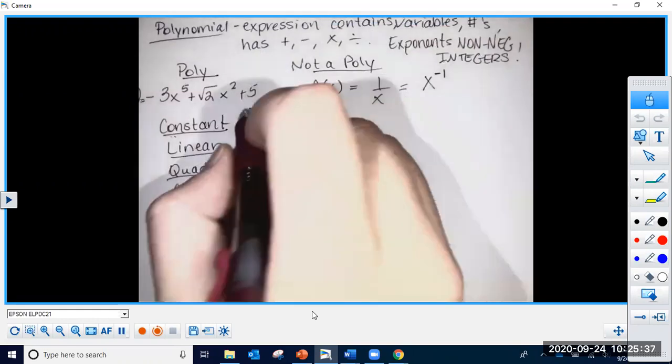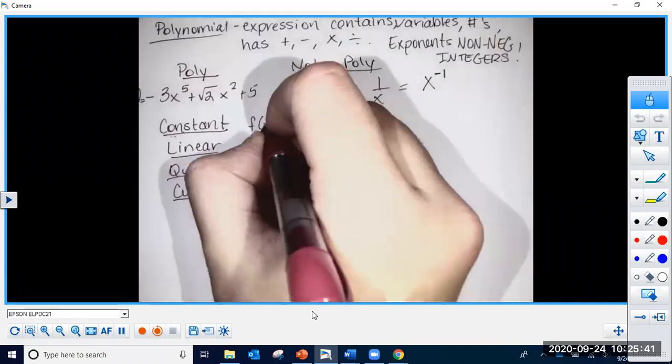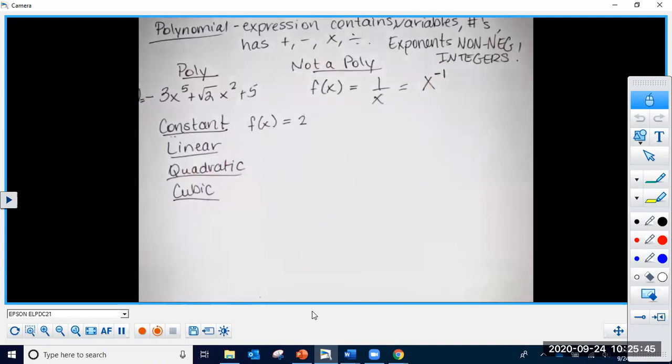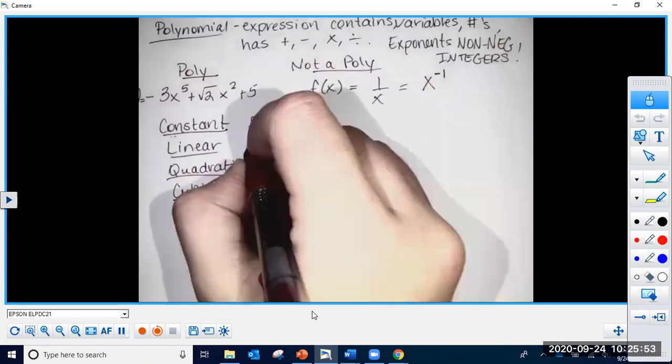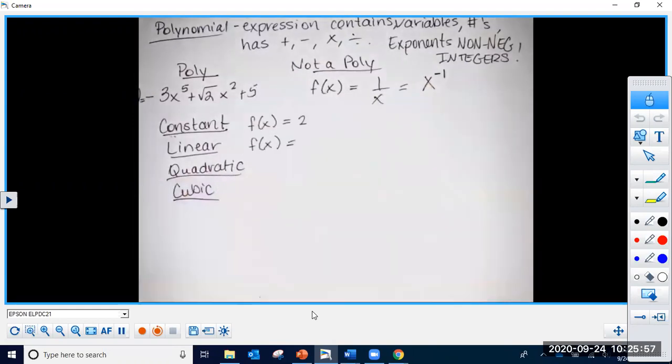So constant would just simply mean you have a number. Like all you see is a number. For example, you might have f of x equals 2. It's just simply a number by itself. And I know it's kind of weird to think, but yes, like all the numbers in the number system are polynomials. Kind of odd. Linear, tell me the most common type of linear, like you've graphed these so much, starts with an S, slope, intercept.